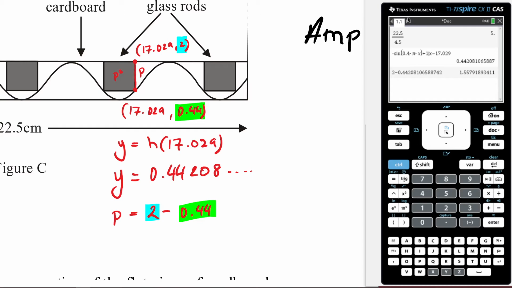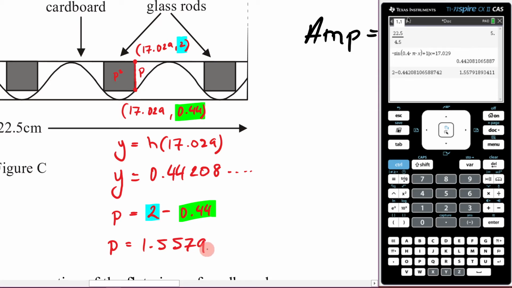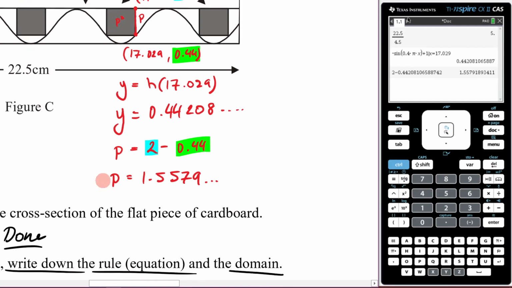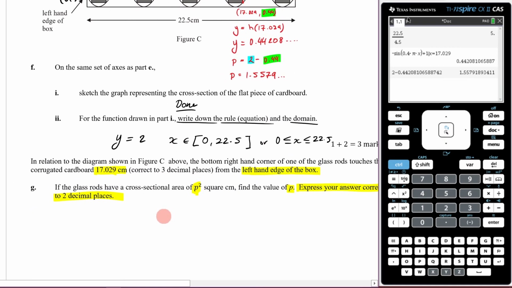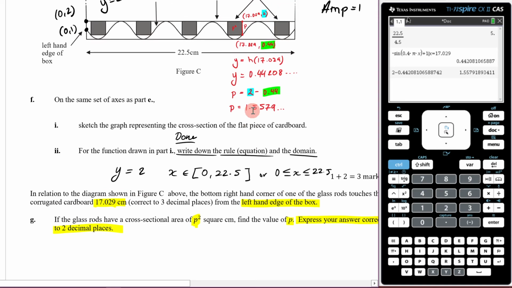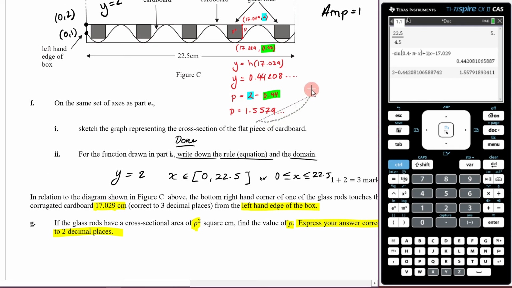It's going to be 1.5579. So that means P is 1.5579 dot dot dot. Now, this is where you've got to be careful. You need to make sure that you show all your working in the correct spot. If you do all your working up here, that's great, but you're not going to get any marks for it.